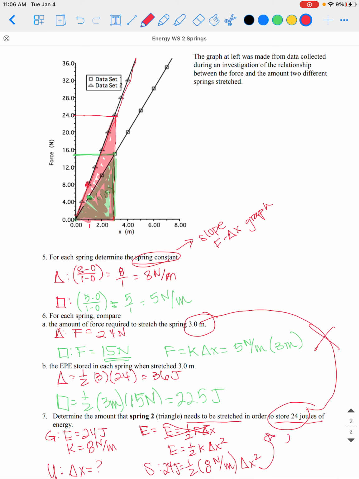So I'm going to take 24 joules equals 4 Newton meters times delta x squared. And then when I divide the 4 to the other side, I end up getting 6 is equal to delta x squared. But in order to find delta x, I have to take the square root of that. And your answer will end up being 2.44 meters. And that would be your final answer.